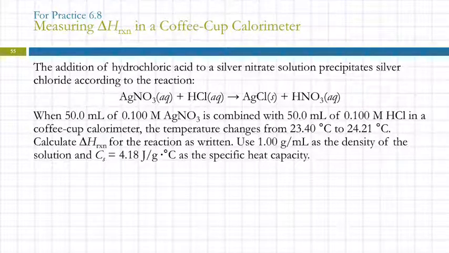Calculate the heat of reaction for the reaction as written. Use 1 gram per milliliter as the density of the solution and a specific heat capacity of 4.18 joules per gram degree Celsius. There's just lots of stuff there, right?